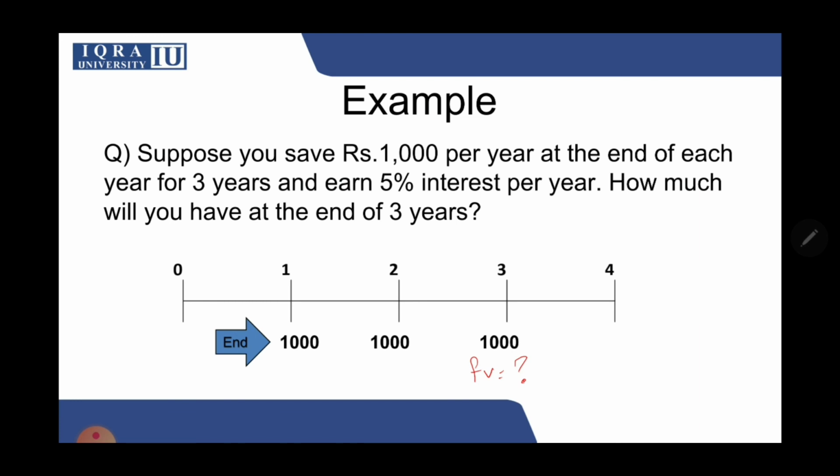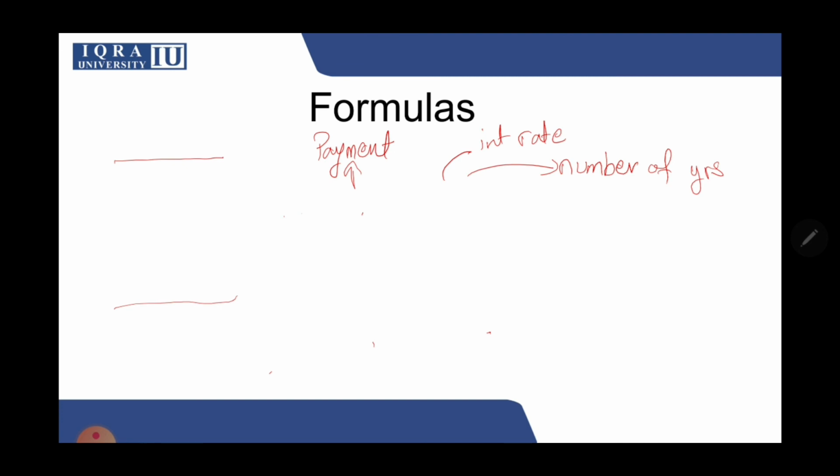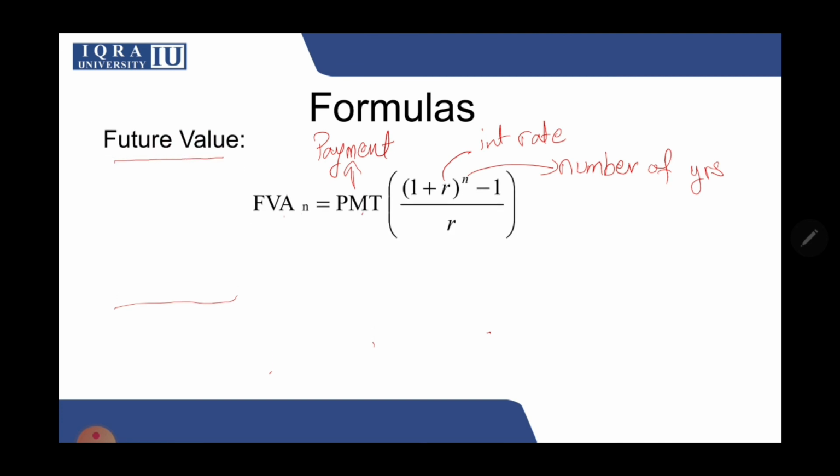Now if I want to apply that formula on this question, my PMT is 1000. So your PMT are your equal cash flows. The interest rate was 5%, and your N over here you will just take the number of years, the annuity payment.